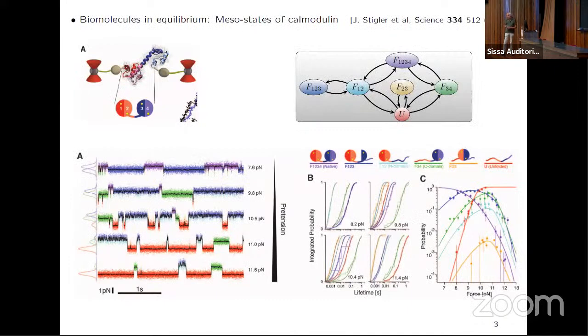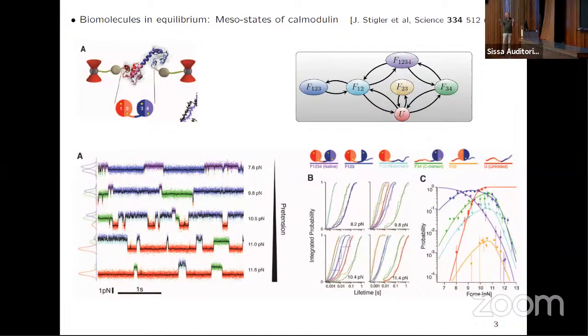The basic modeling concept in this field is Markovian dynamics, and I'd like to illustrate it using a real-life experiment by Matthias Rief's group. They were looking at a small peptide, a small protein, which can fold in different conformations, and they were able to distinguish 6 different mesostates of that molecule. The corresponding network is shown up here.